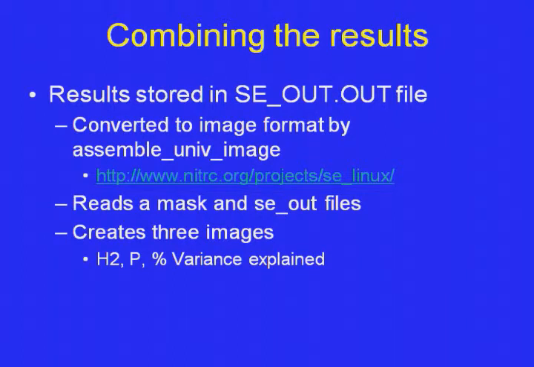It reads a mask and that SE_out file, and creates three binary images for you, which contain heritability, probability, and percentage of variance explained by the covariates. That's, of course, for voxel-wise values.